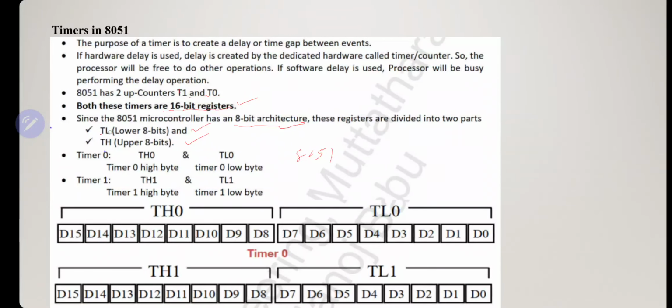TL means lower 8 bits and TH means upper 8-bit register. There is timer 0 and timer 1. For timer 0, there are TL0 and TH0, that is timer 0 low byte and timer 0 high byte. For timer 1, there are TL1 and TH1, that is timer 1 lower byte and timer 1 higher byte.